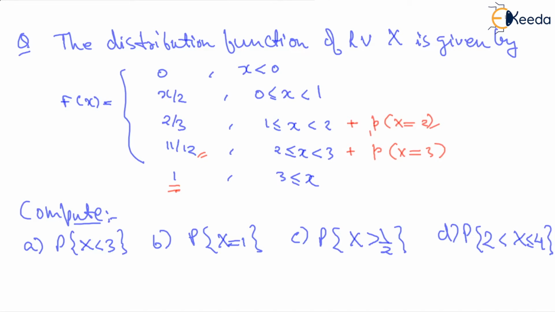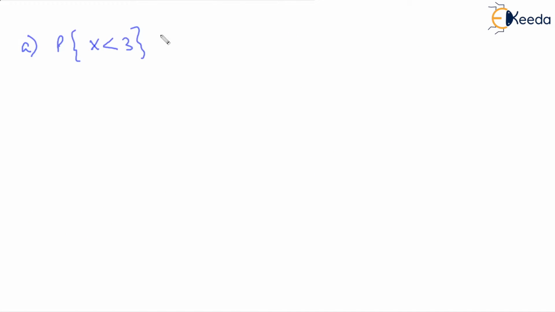But still you can write it in this manner. For an interval a to b, we wrote the probability to be equal to f of b minus f of a.